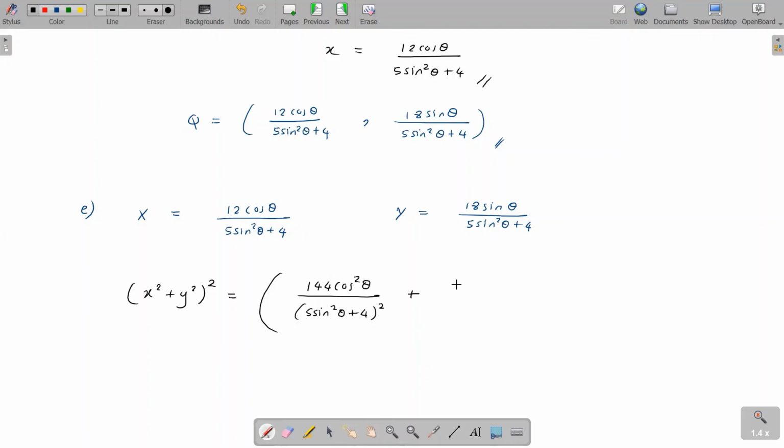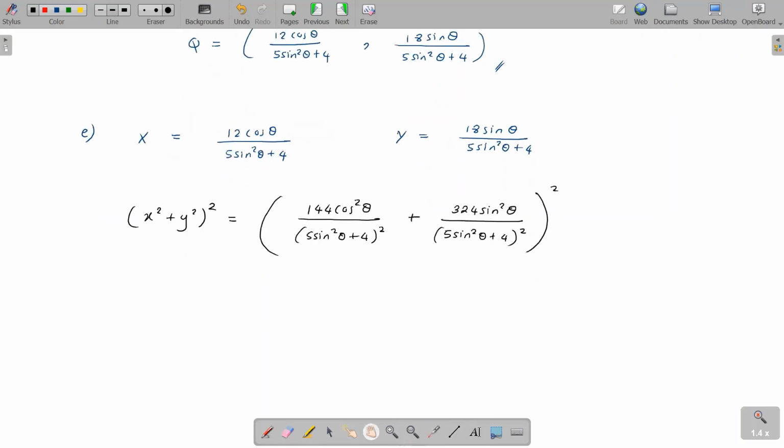Can I know the square of 18? 324 sin square theta over 5 sin square theta plus 4 whole thing square. And then we square that whole thing, right? Because this is x square plus y square and the square of this entire term. Are you with me? Okay, then we'll try to get this done in the easiest way possible.